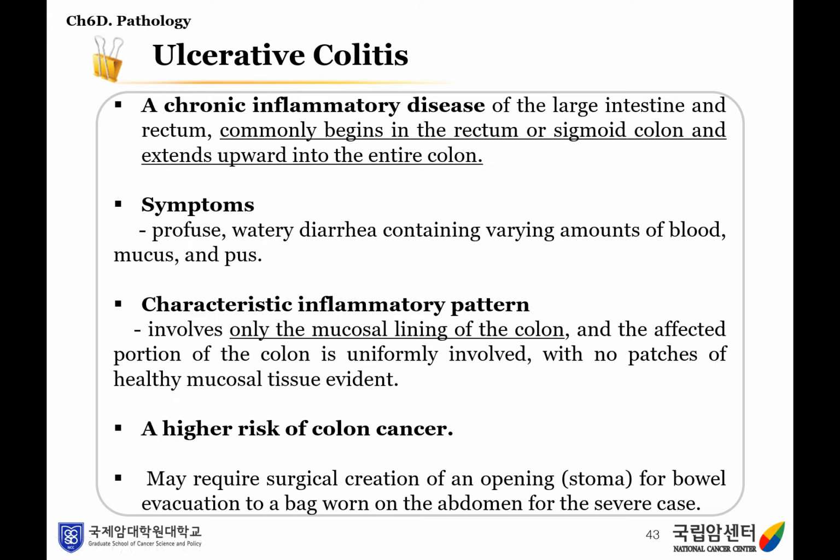This is a chronic inflammatory disease of the large intestine and rectum. Commonly, ulcerative colitis begins in the rectum or sigmoid colon and extends upward into the entire colon. There are several symptoms: profuse watery diarrhea containing varying amounts of blood, mucus, and pus. And ulcerative colitis carries a higher risk of colon cancer.